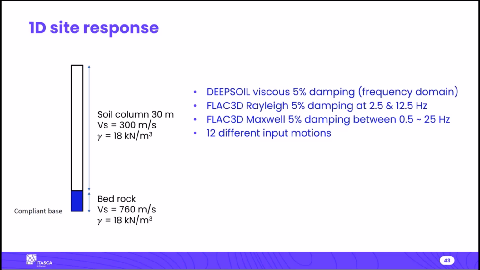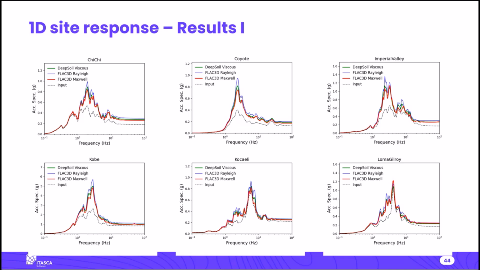We input 12 different outcrop motions, and this result is for the first 6 input motions. Maxwell damping is the red line, Rayleigh damping is the blue line, and DEEPSOIL viscous constant damping is the green line. Looking at these 6 results, we can see that the Maxwell damping is actually closer to the DEEPSOIL viscous result.